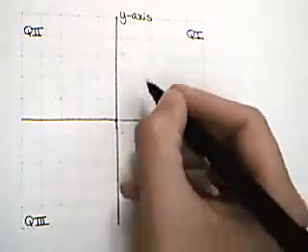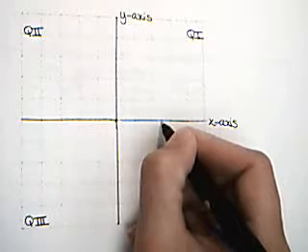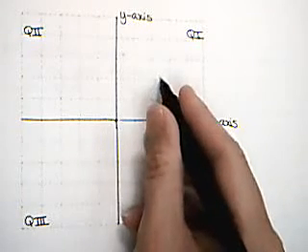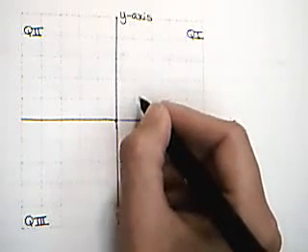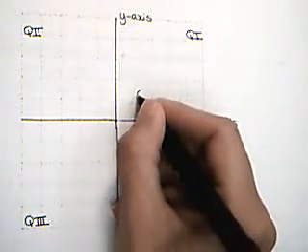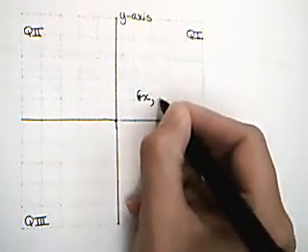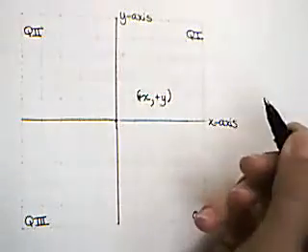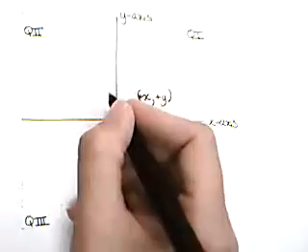So in the first quadrant, our x would be positive because we would move to the right, and our y would be positive because we would actually move up. Ordered pairs are written in parentheses, so we would have a positive x and a positive y, those being numbers depending on how many increments you move.